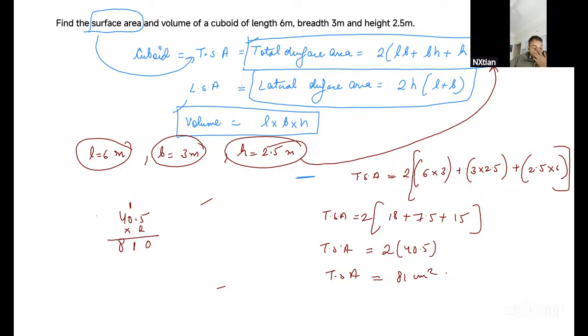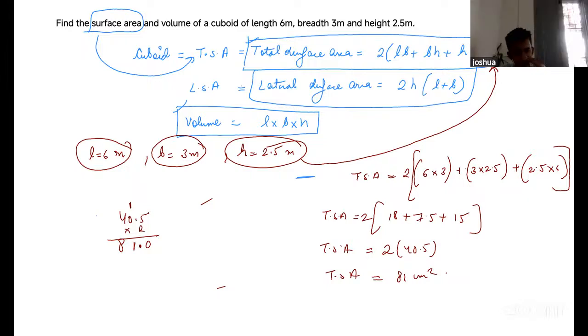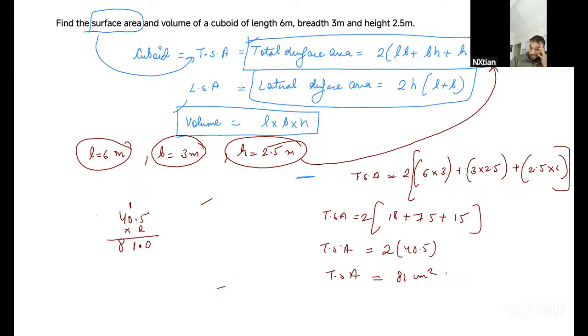Like in the first value, after the decimal only one digit is there, which is 0.5. In the same way, here also a point will come, so 81.0. If it's 0, we just need to write 81. After the point only 0 is there, that's why.